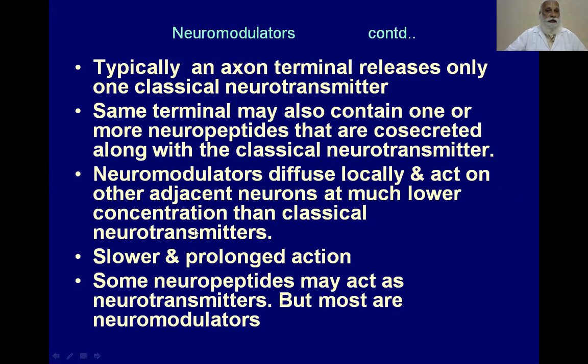The neurotransmitter is released in larger quantities from the synaptic vesicles, but the neuromodulator is at a smaller concentration, yet it goes to the nearby neurons and causes its effect. They are slower and the action is very prolonged. Some neuropeptides may act as neurotransmitters also, but most are neuromodulators.